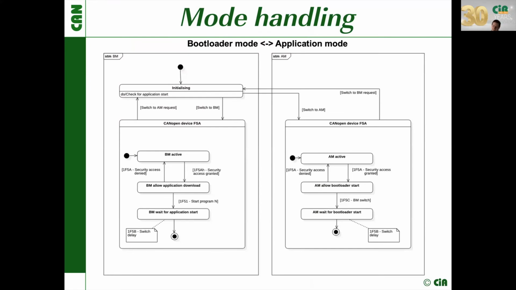So a CANopen device in bootloader mode runs bootloader functionality as application, and the rest is a normal CANopen FD device. So we do the initializing, we double check, is there an application running, or should I automatically start an application? And if I do so, I start my CANopen device.